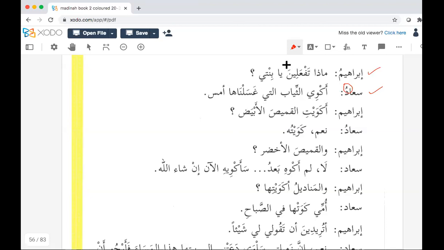Brothers, let's not waste too much time. Taf'alina. If I'm not mistaken, this is the first time this pattern, this sigha of the verb, is being introduced. And this complements the 2 verbs that we have already studied, which is taf'aluna and yaf'aluna.